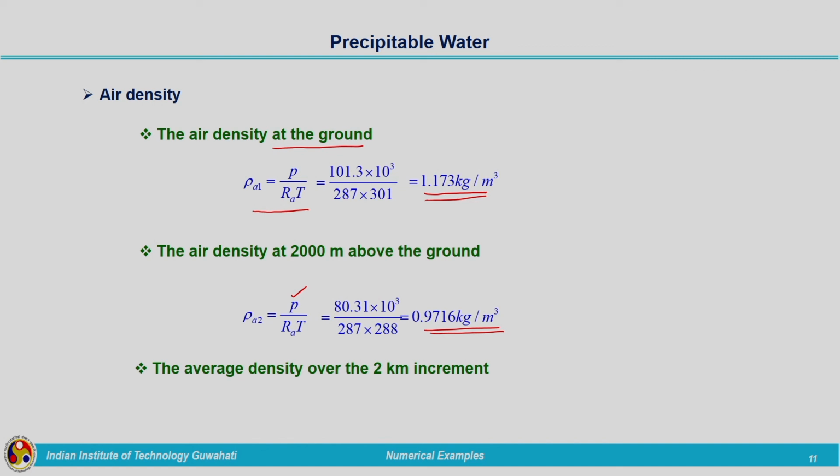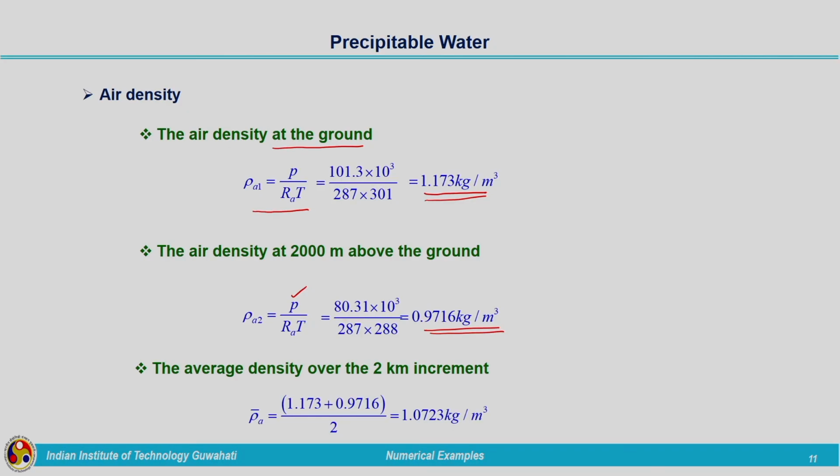Now, average density over 2 kilometer increment, 2000 meter increment, that integral equation we have discretized, and we are calculating the average value corresponding to that to make the expression simple. So, the average value of air density is 1.0723 kilogram per meter cube.